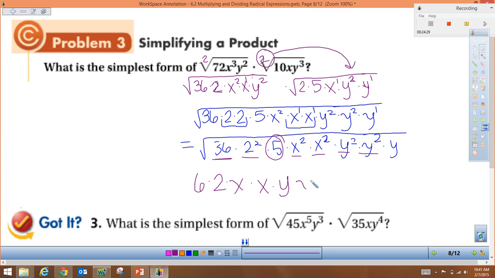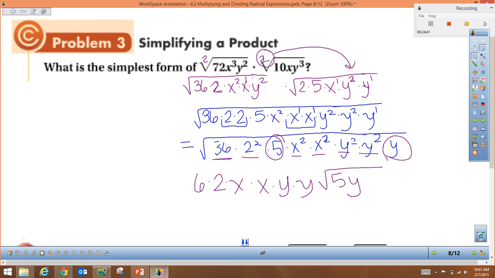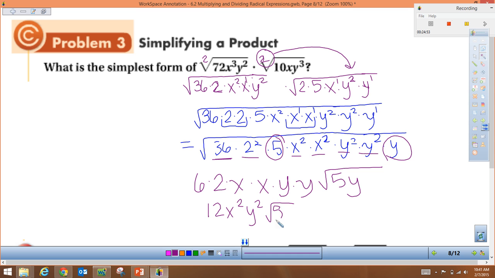Square root of this y squared is y. And this y has to stay. So what's staying underneath? 5y. Now let's just do some cleaning up. We get 6 times 2 is 12. X times x is x squared. Y times y is y squared. And the square root of 5y stays.